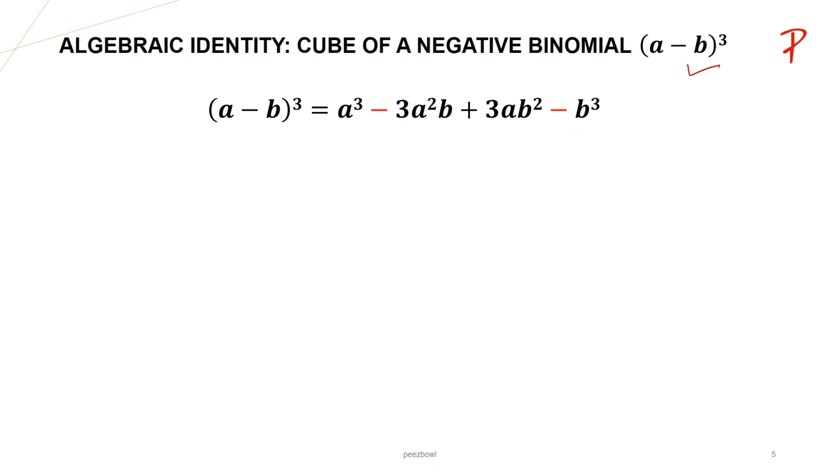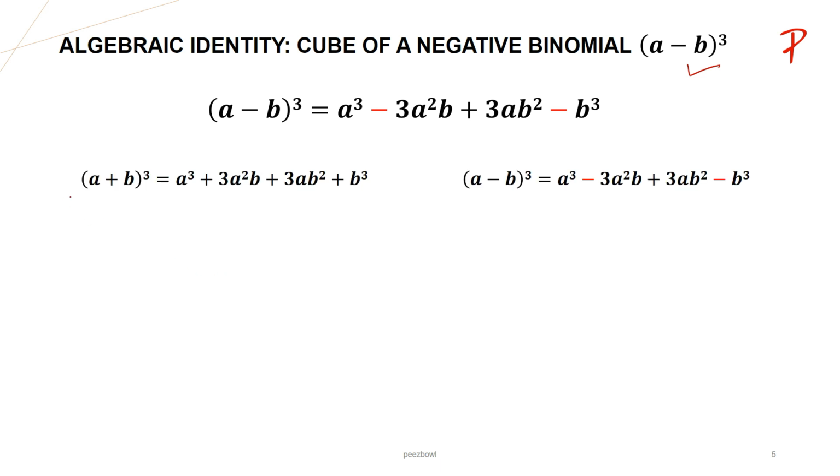So let us put both identities side by side. Here we have the positive binomial cube and here we have the negative binomial cube. Let us observe the pattern. The signs alternate in the negative version. Here we have a positive sign, then a negative sign, then a positive sign, and then a negative sign. And let us see the coefficients.